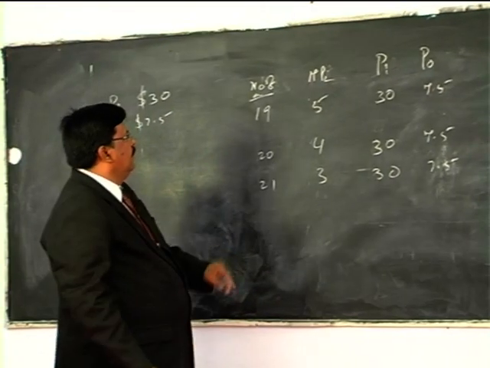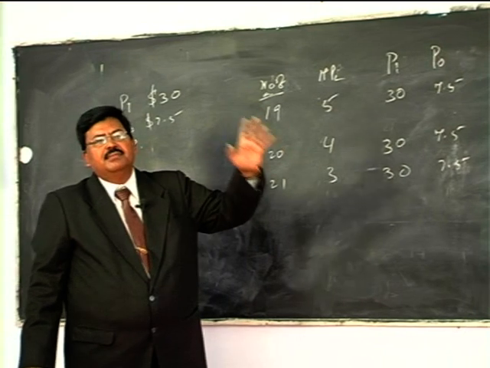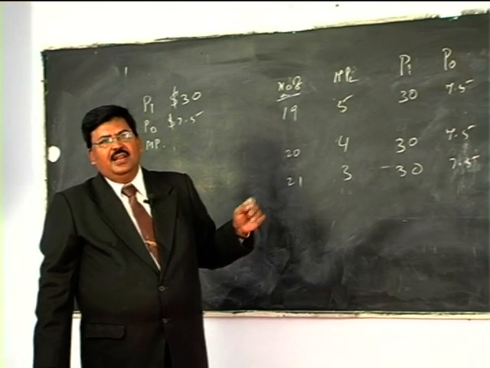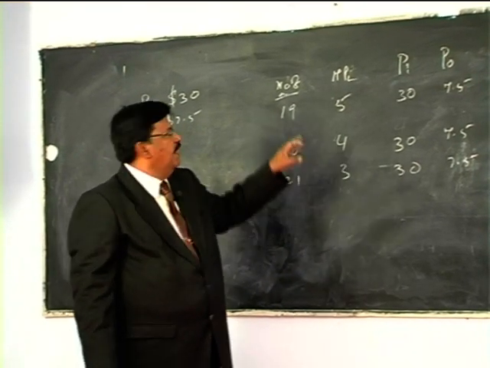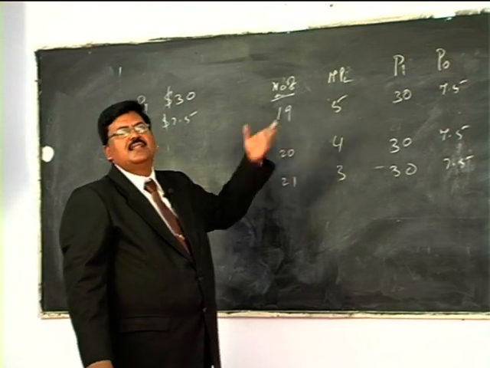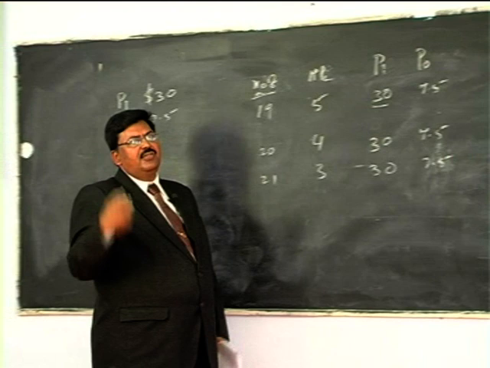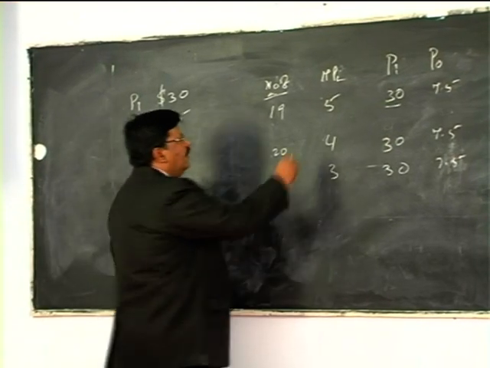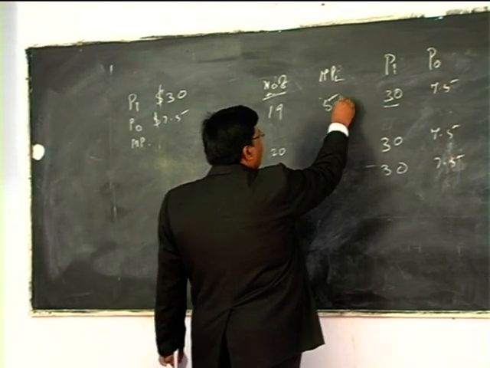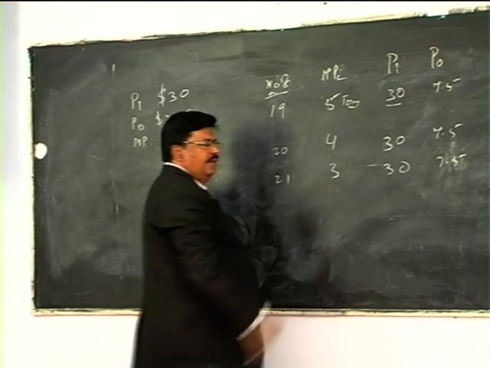Now let us see, what is the cost benefit? If the firm employs the 19th worker, what is the cost? The cost is 30. And what is the benefit from the 19th worker? The 19th worker added or contributed 5 tons or 5 units of the product.